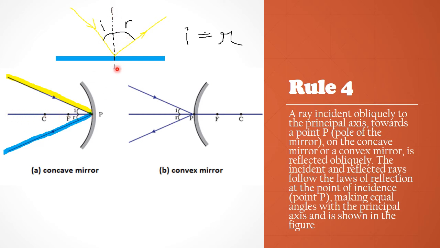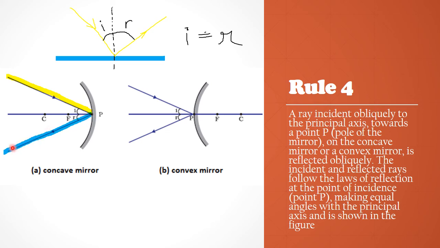The angle made by the incident ray and the normal or your principal axis is known as your angle of incidence. And the angle made by the reflected ray and the normal is known as your angle of reflection. So when a light is directed obliquely towards the point P, after reflection it will move obliquely.